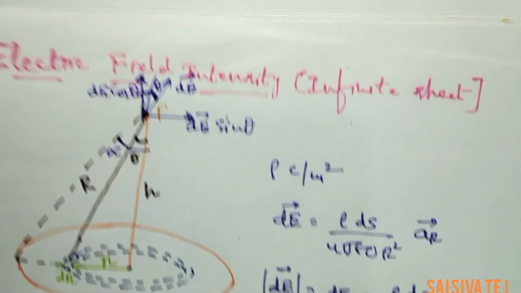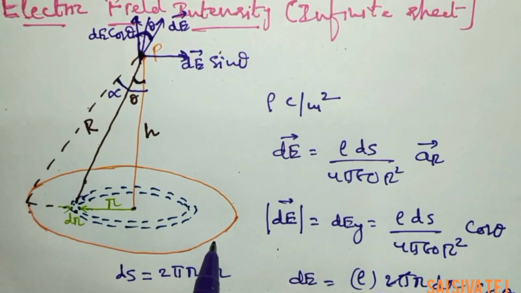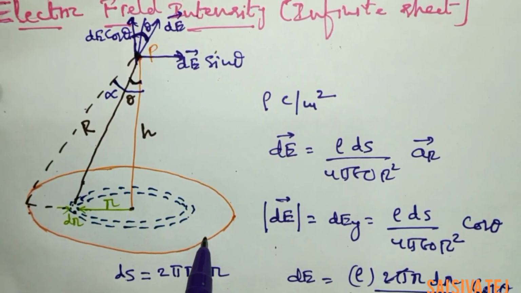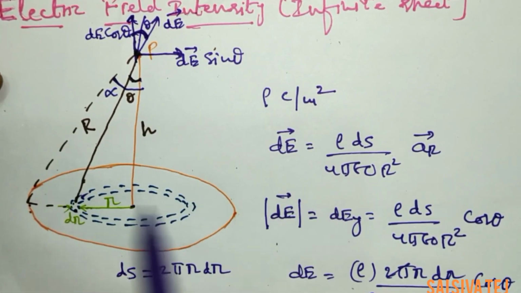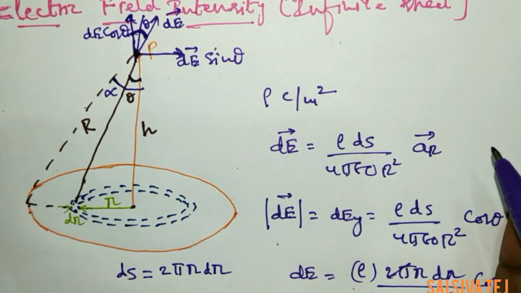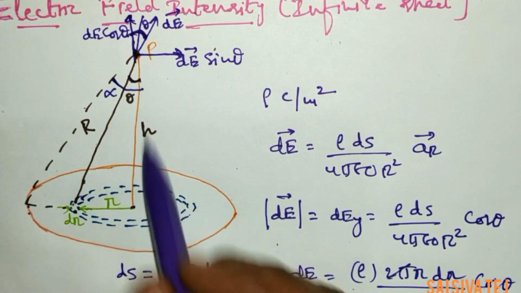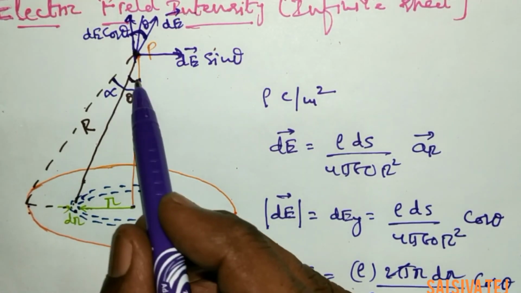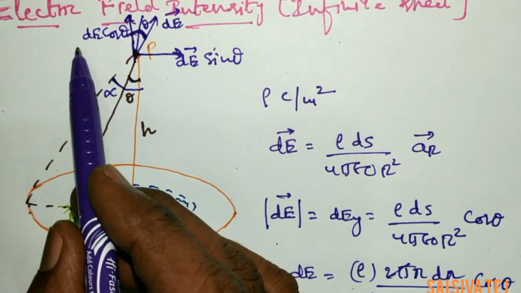And when you extend this particular concept to an infinite sheet of charge, the sheet is going to extend along this direction towards infinity. Hence theta is going to vary from 0 to, as it moves, it becomes parallel to that.